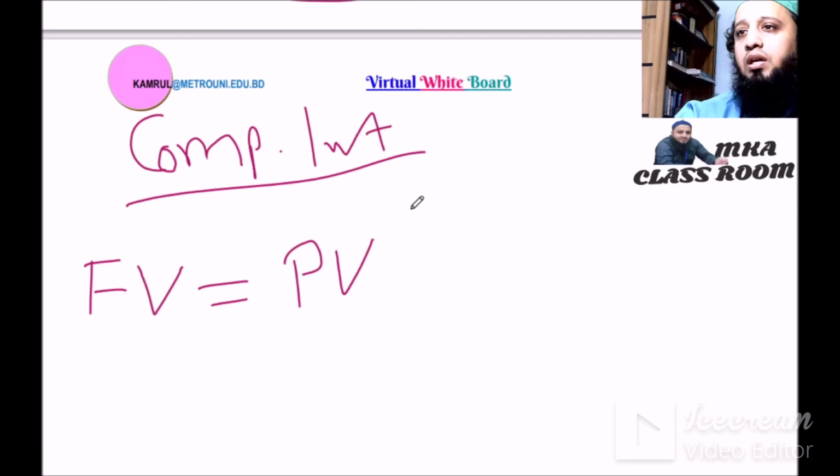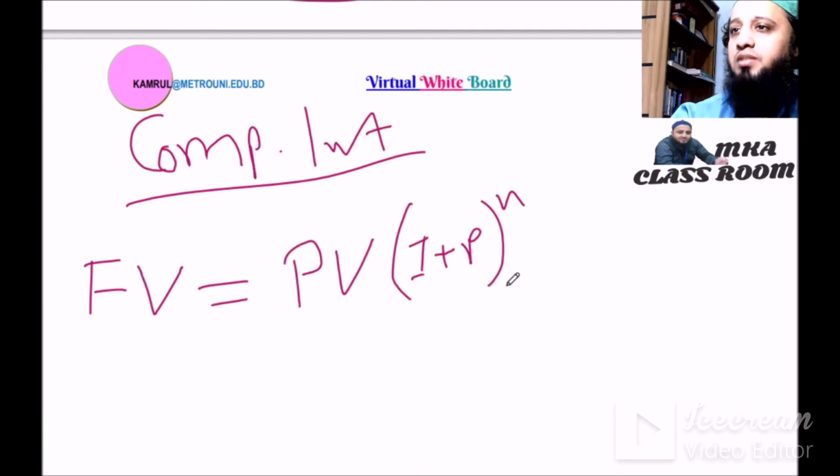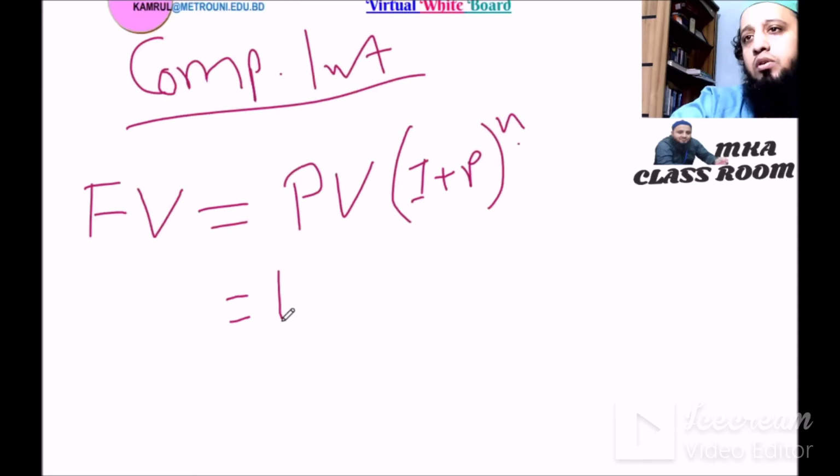Future value equals PV, present value, into 1 plus R, rate of interest, power n, number of periods. We know this term very well. Now we have to put in our values. The principal amount is 100 taka, and the rate of interest is 10%, which should be decimal 0.10, and the power should be 3.